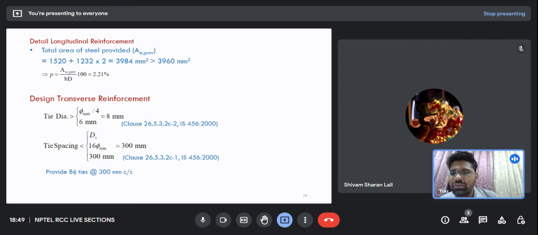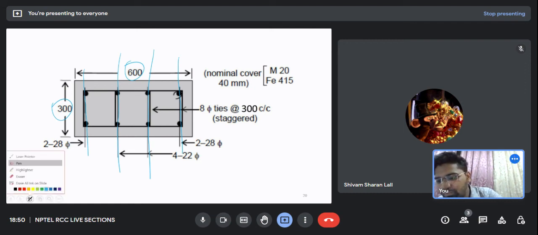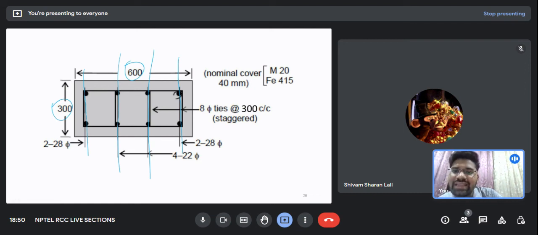You can also see the criteria for the transverse reinforcement. So this is the final design. As you can see, 600 and 300 is my cross section. Then I have two rows of bars in the outer edge and two rows of bars in the inner edge. And what I have is ties.